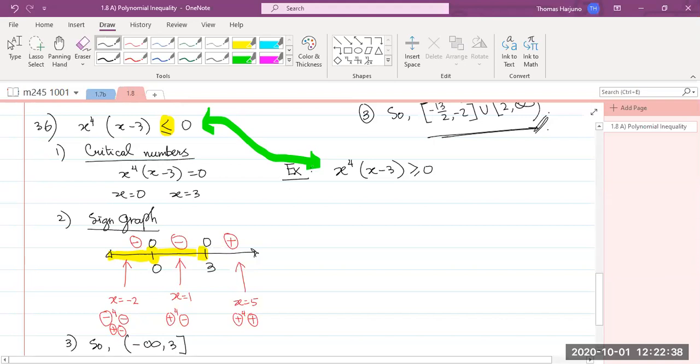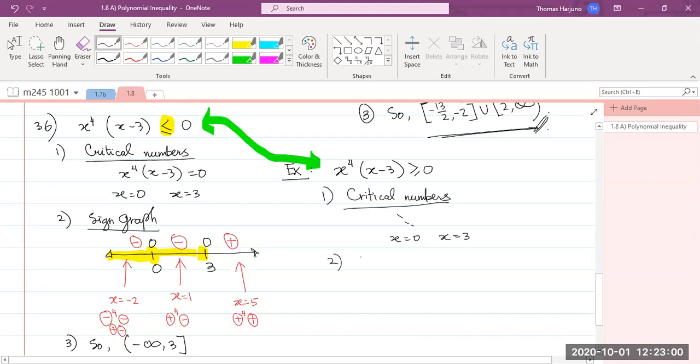Because the expressions on the left and on the right are exactly the same, the critical numbers will be the same: x equals 0, x equals 3.